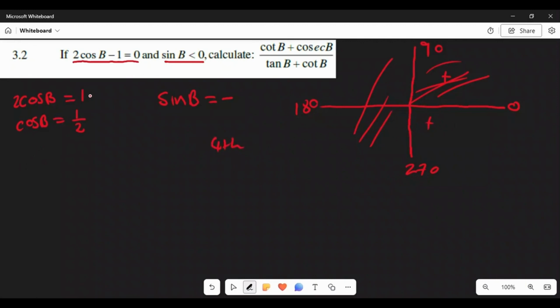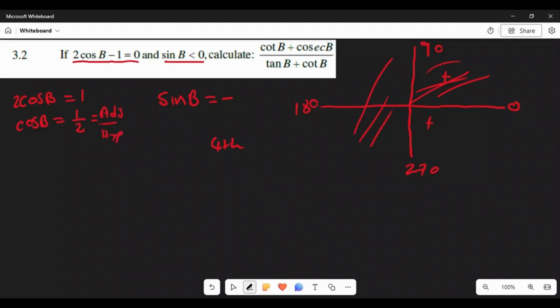Now we need to know what is cot b, cosec b, tan b, and cot b. So that is not a problem. First of all, we need to find out what is our x, y, and our radius, or our hypotenuse. So already with cos, we know that cos is adjacent over hypotenuse.